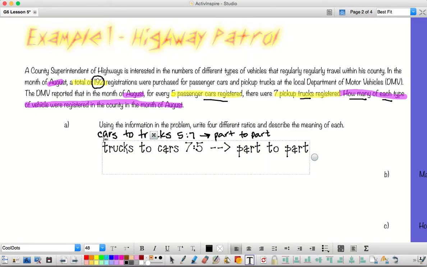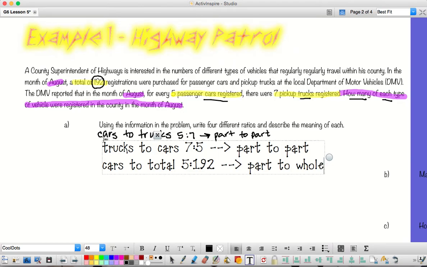We could also say that the ratio of cars to total vehicles is 5 to 192. This would be called a part to whole, because we know that the number of cars is a part of that whole number of 192 vehicles.